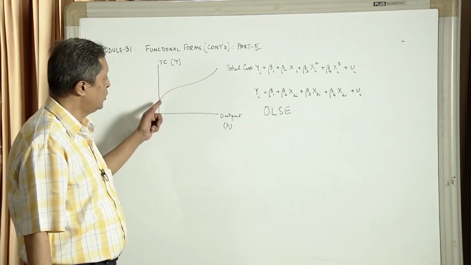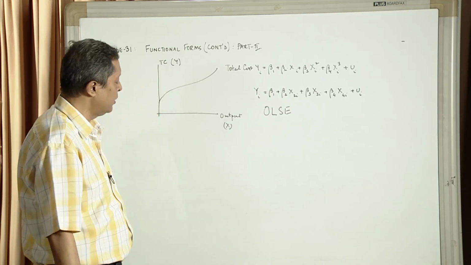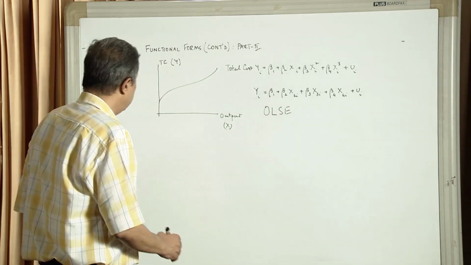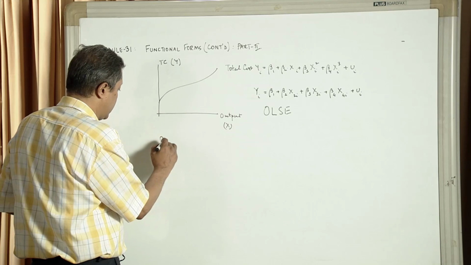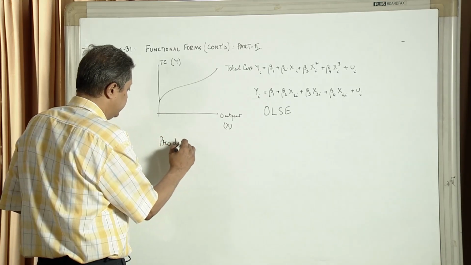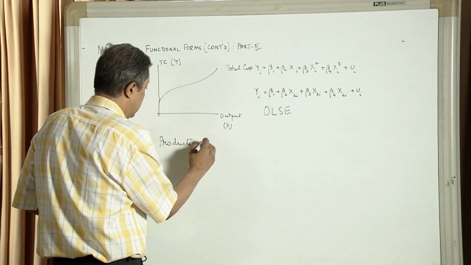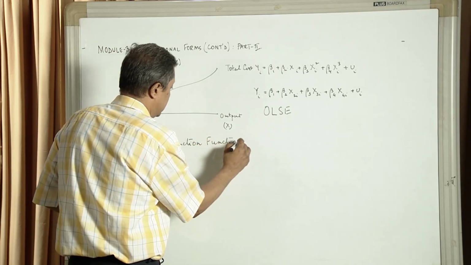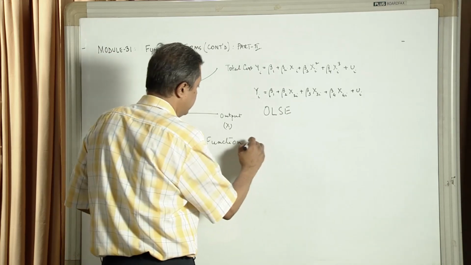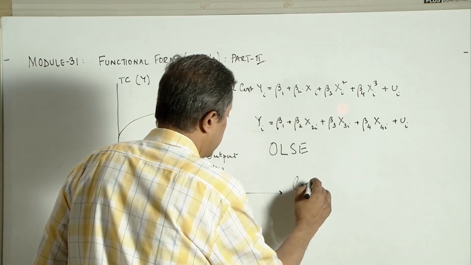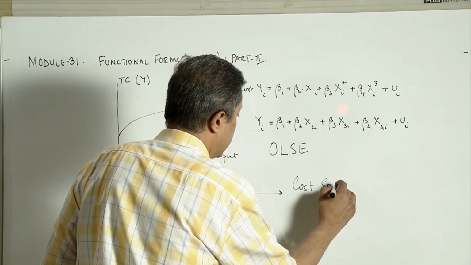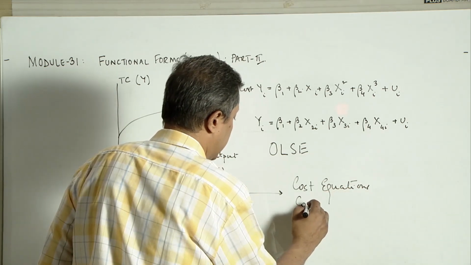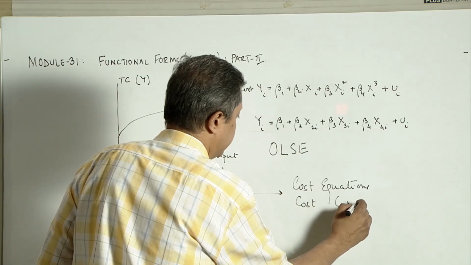All of these, the total cost, average cost and marginal cost, they actually emanate from what we call the production function. So, this production function gives rise to cost equations or cost curves.